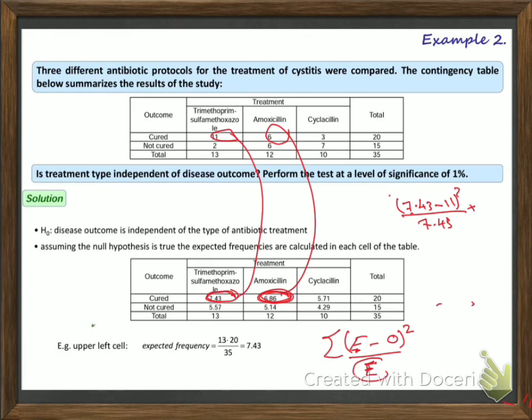What is the second cell? Here it is: 6.86 minus 6 squared divided by 6.86, the expected value again, plus the next one, and so on. I have here 1, 2, 3, 4, 5, 6 cells, so I have to put all the 6 cells plus each other until I reach the end. Then I get the sum of them.